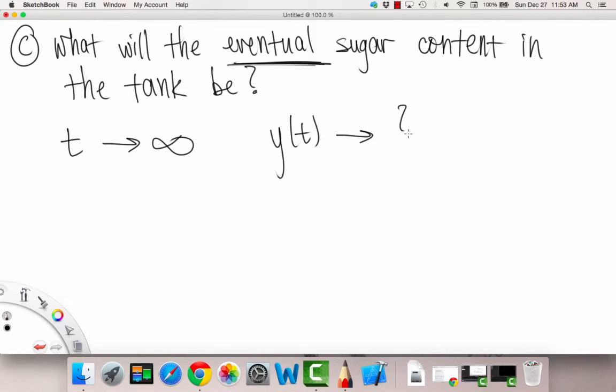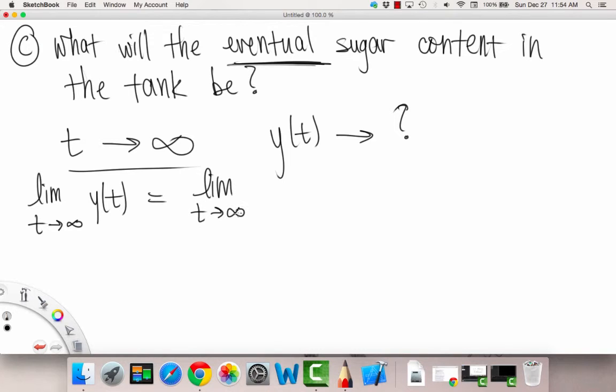So we're trying to examine what's going to happen to y of t as t goes to infinity, okay? And in order to figure this out, we're going to take the limit as t goes to infinity of our function y of t. And so for this, we're just going to plug in the representation of our sugar content, and that would be 20 minus 20 e to the negative 3t over 100.